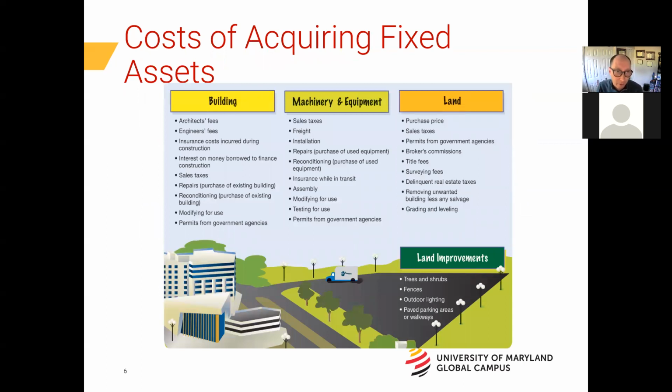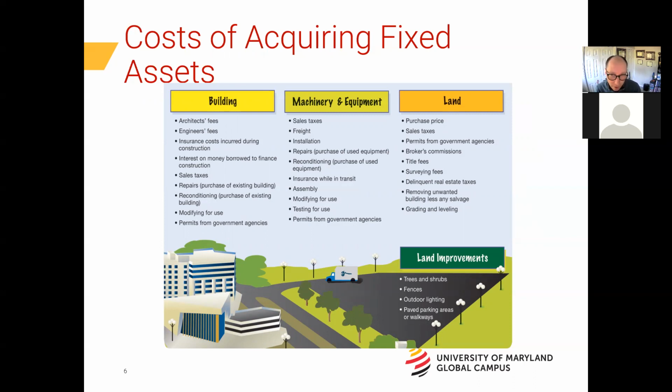So here are costs that are associated with the assets. Again, when we're talking about long-term assets, we're talking about property, plant, and equipment. These are long-term or fixed assets. And along with these fixed assets, there are a lot of different costs. Now, not all of these costs will be there, right? Because not all situations are the same.